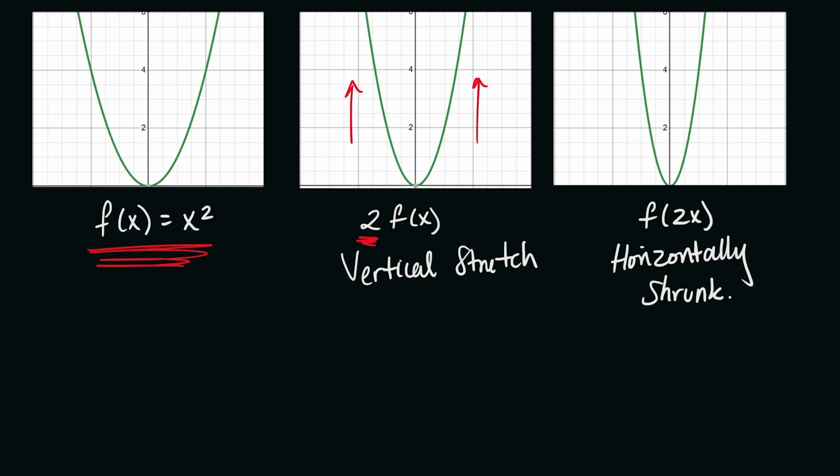Now on the last one, the 2 is in front of the x this time. Since the 2 is in front of the x, we know that it's going to be something going on with the horizontal. It's basically shrinking inwards, or becoming more skinny at this point. So that's how we try to figure out and understand this.